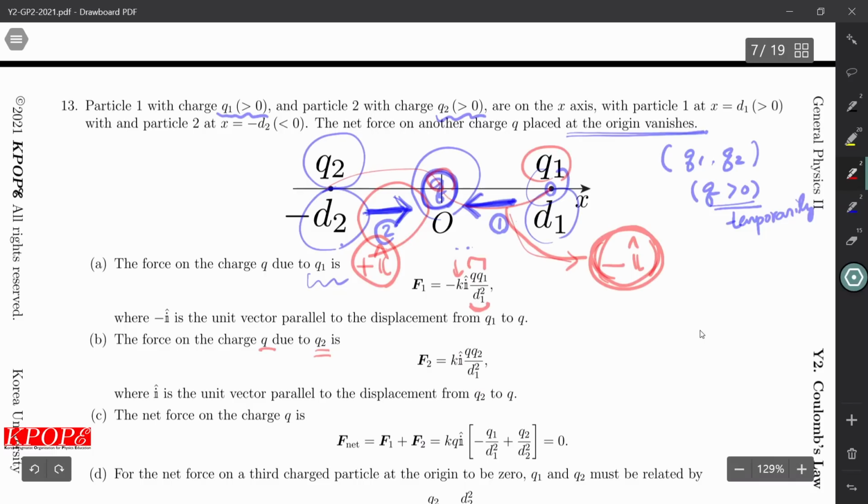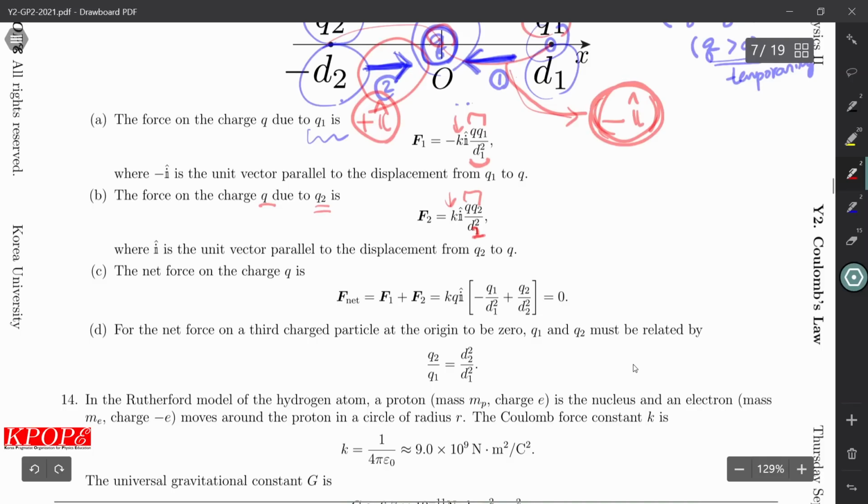The distance is d2, and the product of the two charges, Q and Q2, times the electrostatic constant K. According to the superposition principle, we add these two forces together, F1 and F2, with a negative sign and a positive sign.